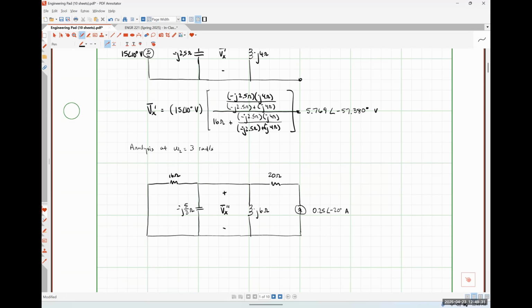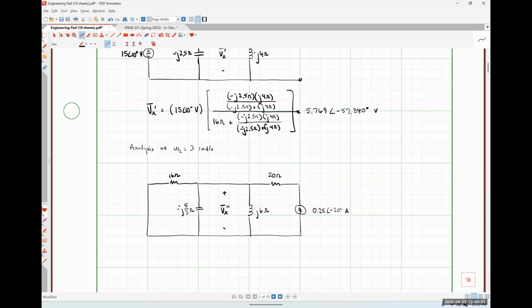All right, so how would you guys care to go about determining this particular voltage? Current division, to find the current through any of either the J6 ohm impedance, the minus J 5/3 ohm impedance, or the 16 ohm impedance, and then we could use Ohm's law.